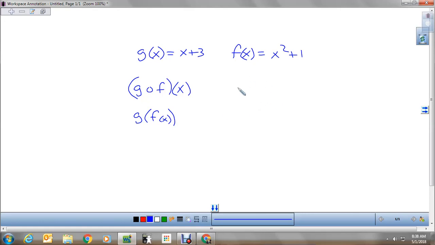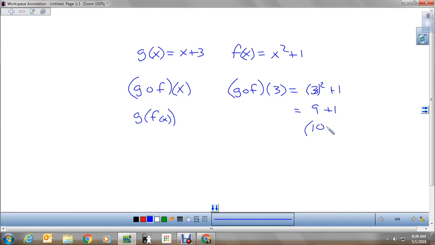So let's say we put a 3 in for x. We're going to find g of f of 3. Anywhere there's an x, we're going to start with our f function. Since f is on the right, we do the second one first, and then we do the g last. So we're going to do 3 squared plus 1. That's going to give us 9 plus 1, which is equal to 10.